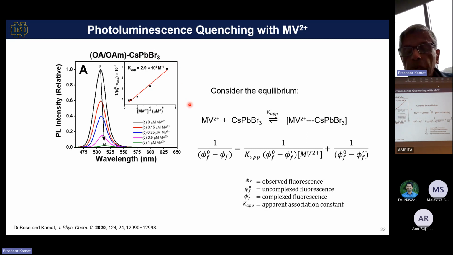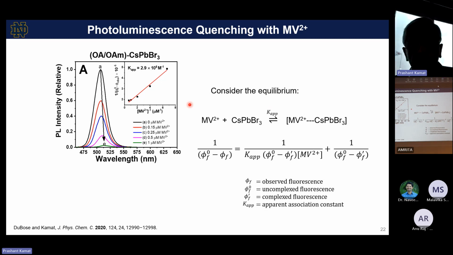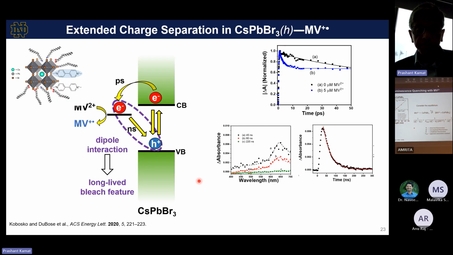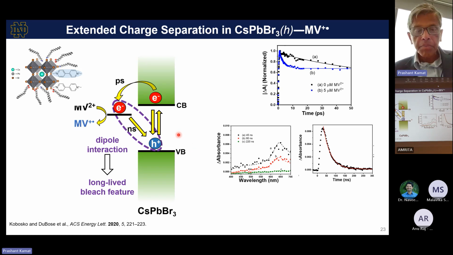That basically tells you that even when you add a micromolar concentration, we get everything bound to the surface of these nanocrystals. I will give you more details, but what we found was that the electron that goes in here to the viologen becomes part of this whole system, and it still communicates with the holes remaining in cesium lead bromide.